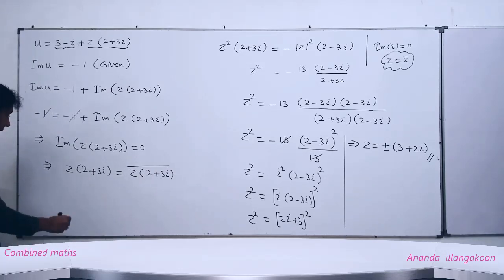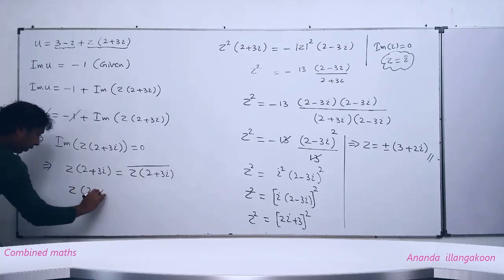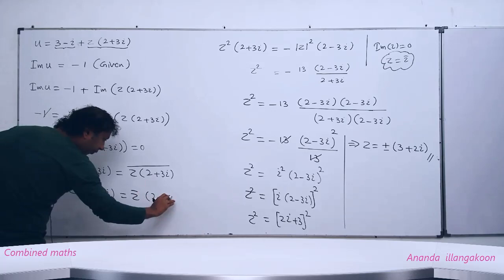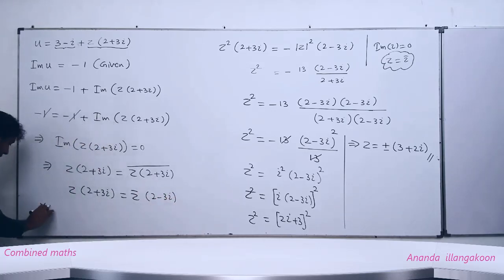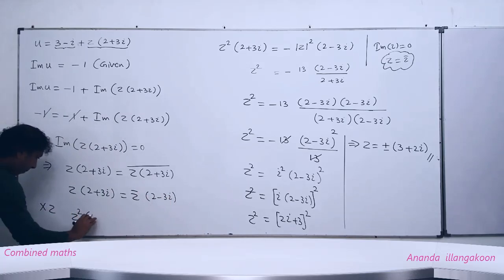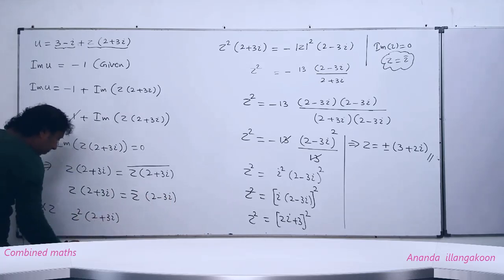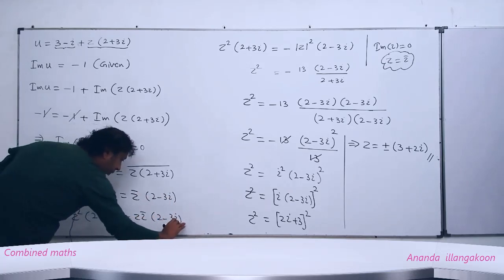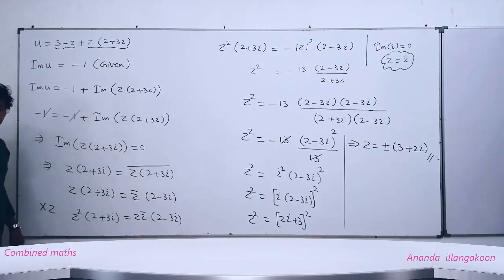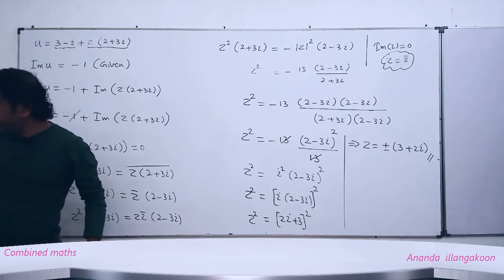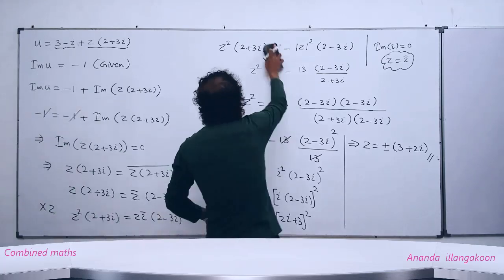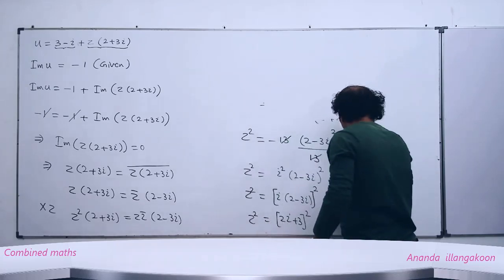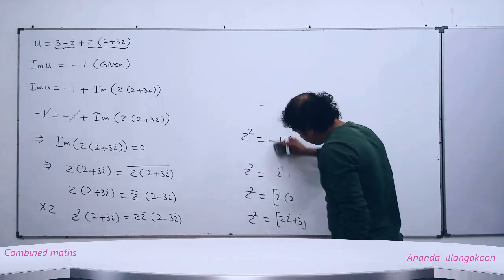Okay, so then I can write z times (2 plus 3i) equals z bar times (2 minus 3i). Then multiply this by z. Then we get z squared times (2 plus 3i) equals z z bar times (2 minus 3i). But z z bar means, people, mod z squared.